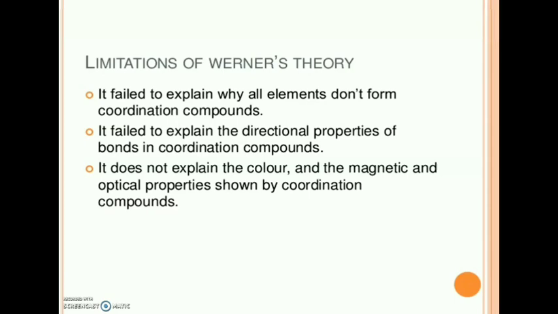Most coordination complexes are colored, but Werner's theory cannot explain why the complex is colored. And the coordination compounds show magnetic and optical properties. Paramagnetic and diamagnetic behavior are shown by coordination compounds, and Werner's theory cannot explain the magnetic and optical behavior of coordination compounds. That's all about Werner's theory.